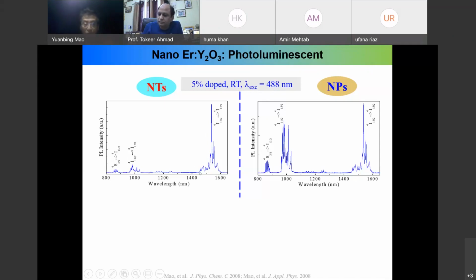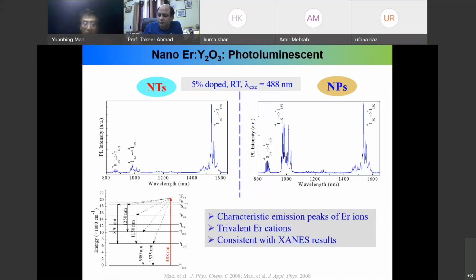More importantly, if we look carefully, that's actually very important. These peaks, there are quite a few sharp peaks, right? And that is related to the energy levels of the erbium in the crystal environment, and we can match this very well.